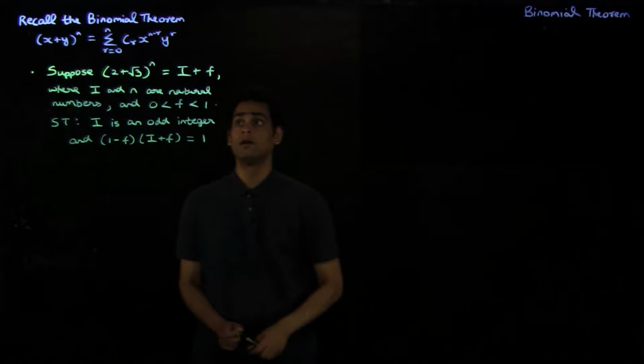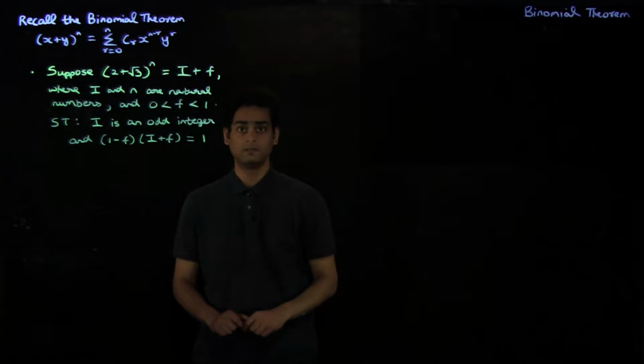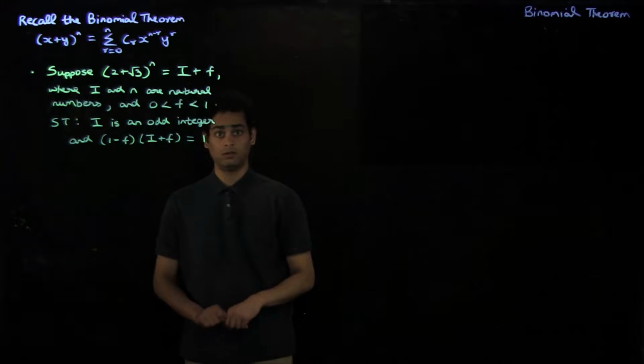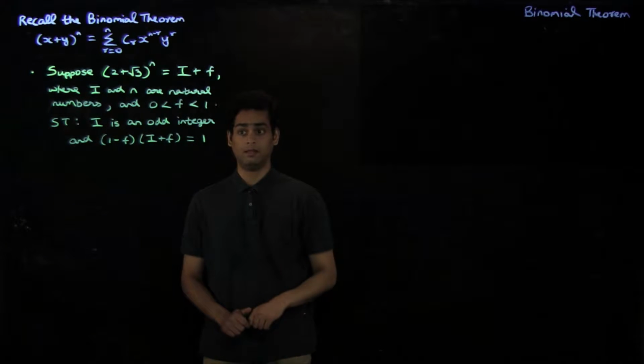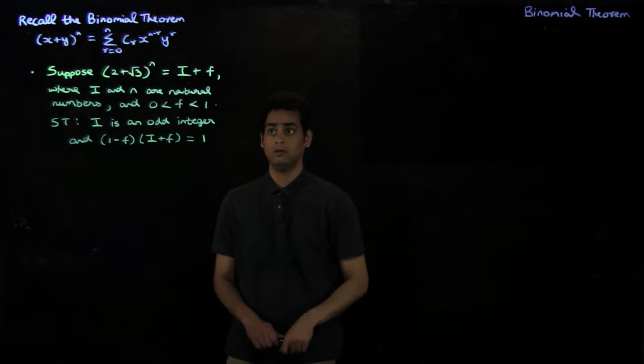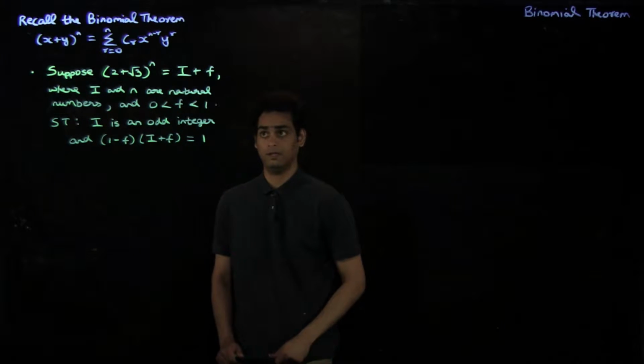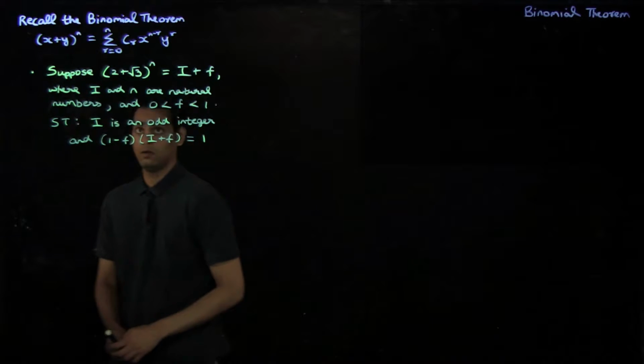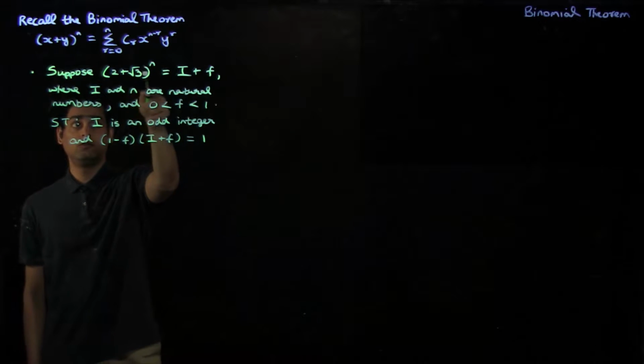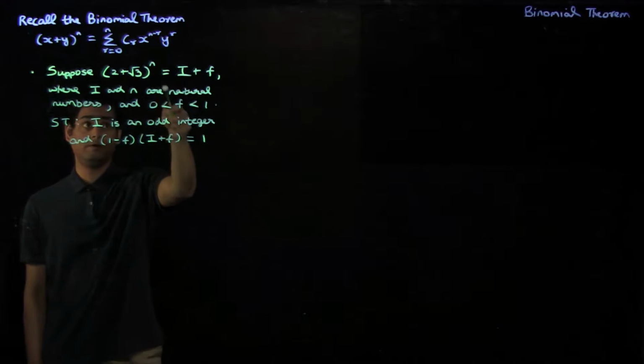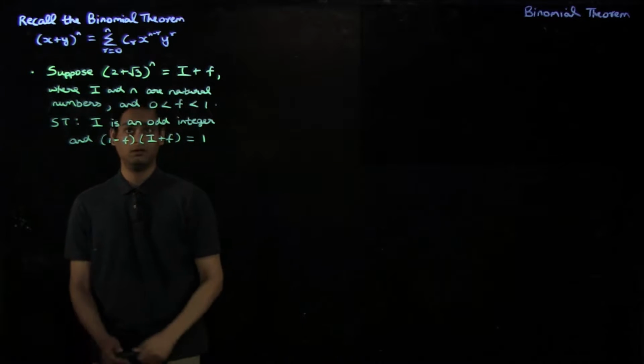So at first sight, this result seems fairly strange because so far we have not seen anything of this character, but as we shall see shortly, this does use the binomial theorem in a very strong way. You're given that (2 + √3)^n is some integer plus a fraction term.